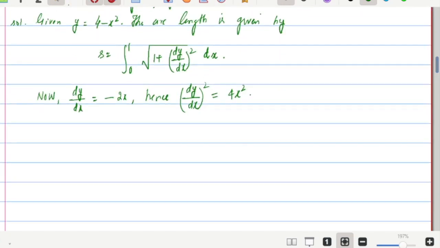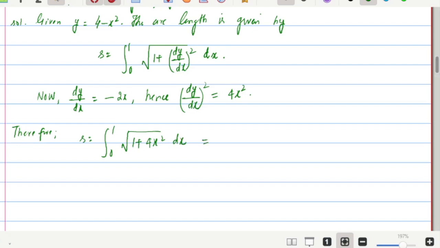तो अब हमें इंटीग्रेशन करना है. So therefore this s is equal to integral from 0 to 1 square root of 1 plus 4x square with respect to x. तो ये जस्ट हमने यहाँ पे एक्सप्रेशन में सब्स्टिट्यूट कर दिया dy by dx का वैल्यू.